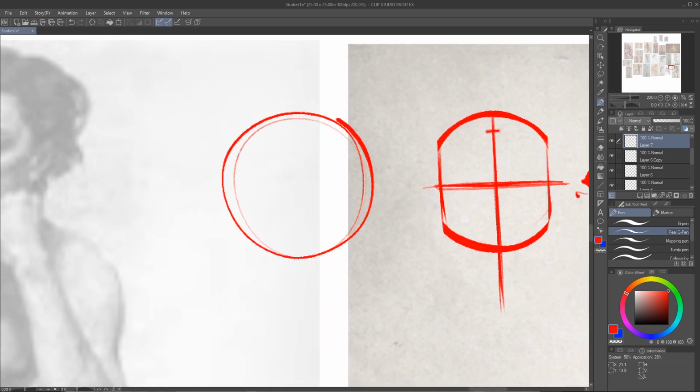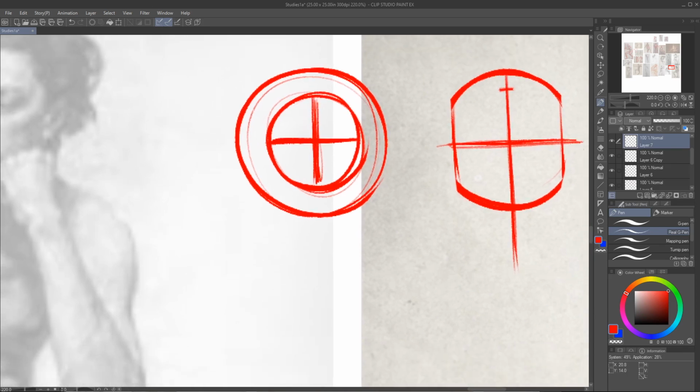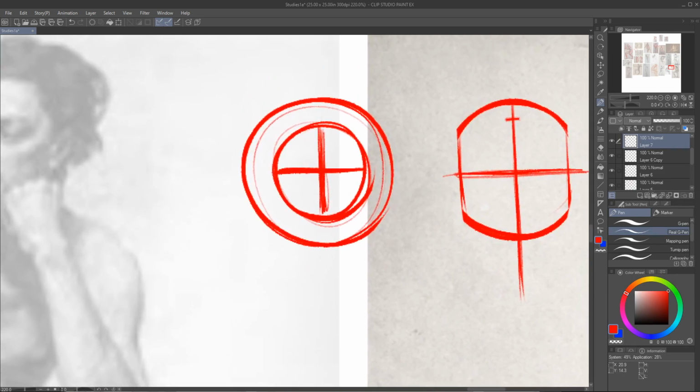Here, let's do profile. So we got its head in profile right here, like that. Head's facing that way.